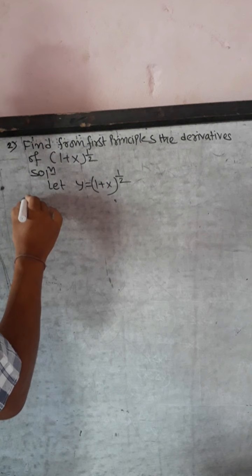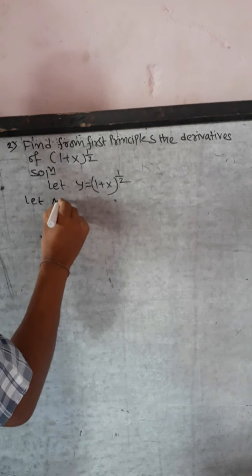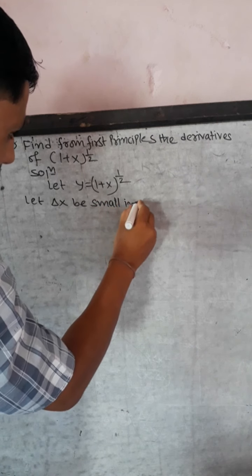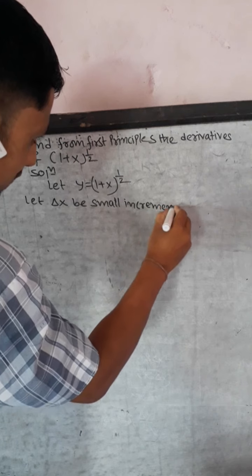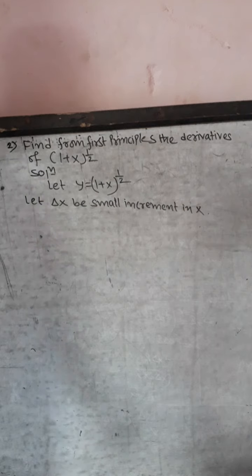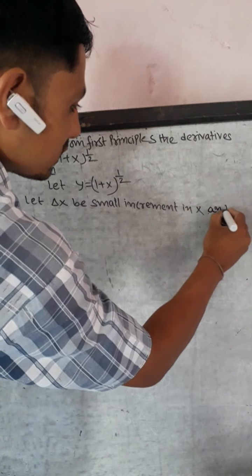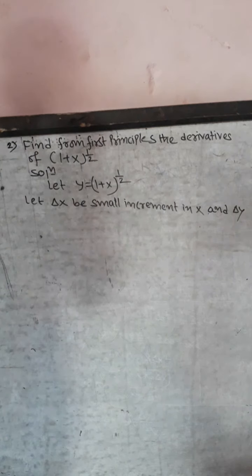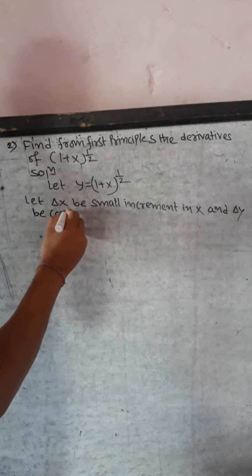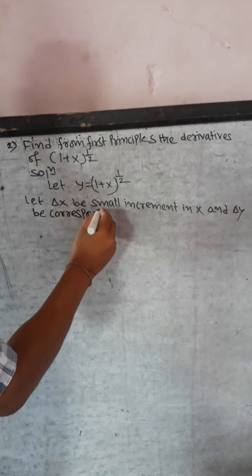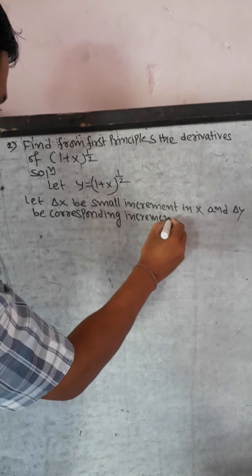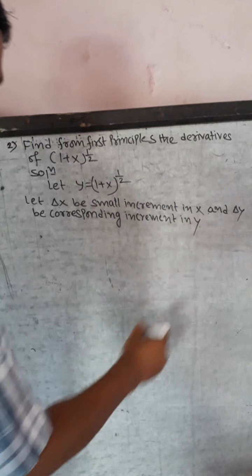Now similarly you have to let del x be a small increment in x, and del y be the corresponding increment in y.